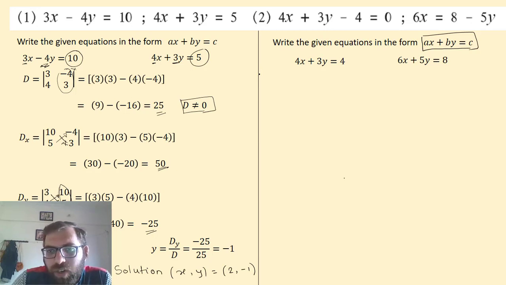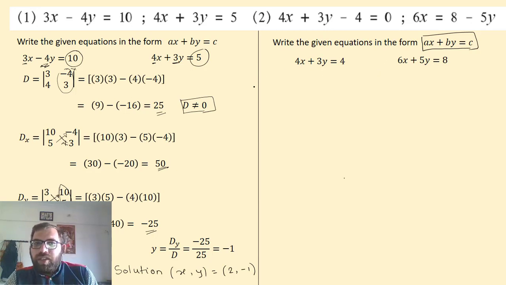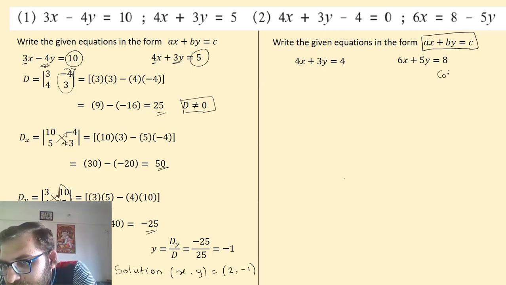Here you get the three columns. First column is the column of coefficient of x. So the column of coefficient of x will be 4 and 6. Actually I do not have much space to write here, but I will say it's the column of x over here. Column of coefficients of x is 4 and 6.